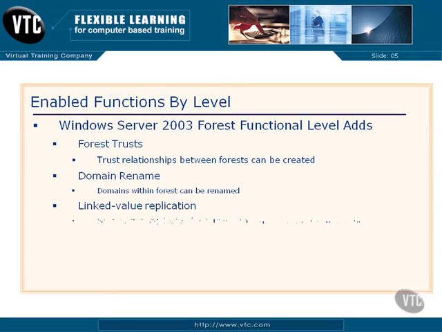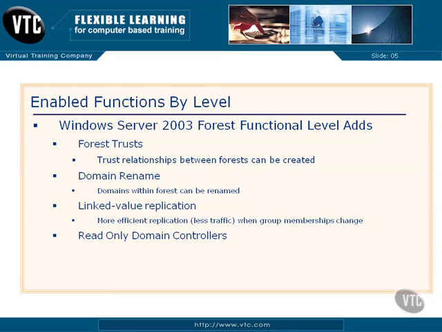Linked value replication. Now this is something else Microsoft struggled with a bit early on in Active Directory's life. And that is, replication became a problem in some places. And so linked value replication, once you go to 2003 level, there's just more efficient replication, which means less traffic when you change memberships on groups. They had all kinds of trouble with the universal groups and all that.